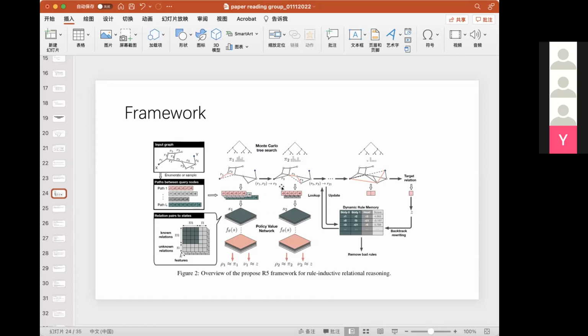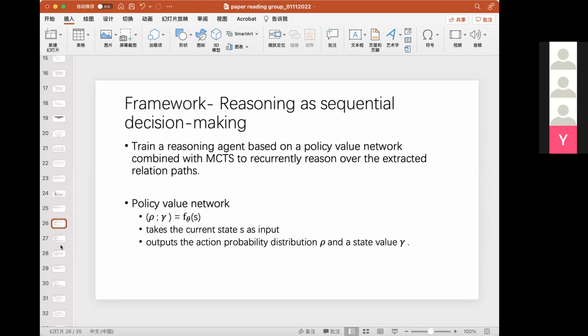The algorithm here separates two things. The first thing is that we select a pair of relations as the action, and that decision is made by the policy value network. At this point, we only know that the pair R1 and R2 is chosen. After that, we have a separate model, which is the dynamic memory model.